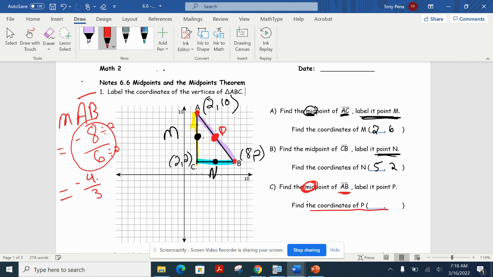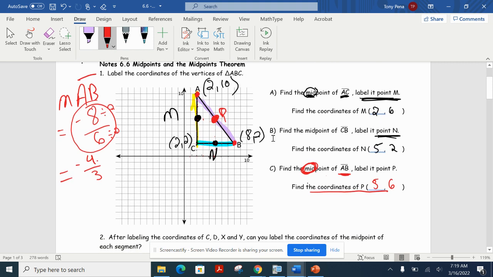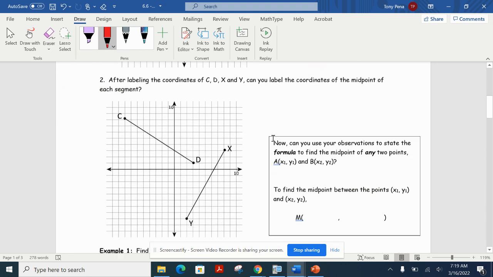All right, we call that P, and that has 1, 2, 3, 4, 5, 1, 2, 3, 4, 5, 6. So those have coordinates of 5, comma 6. All right, so that's what we're talking about with the midpoint, is the point directly in the middle of a line segment.